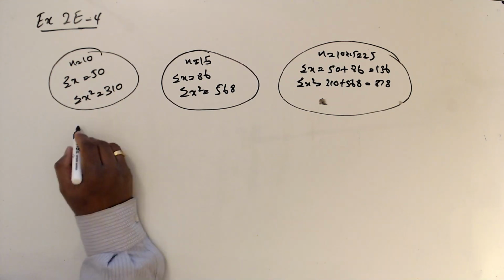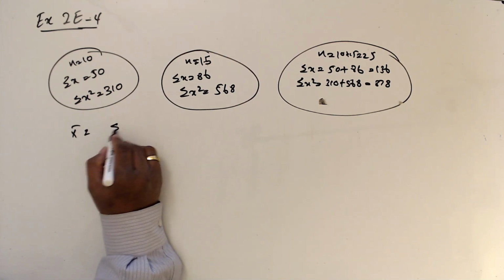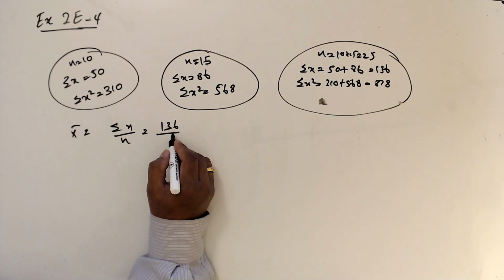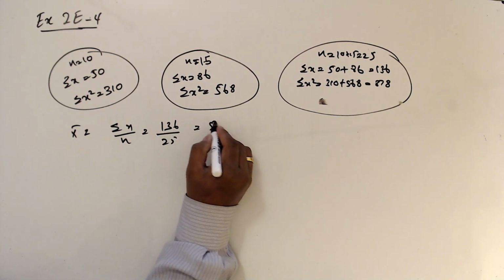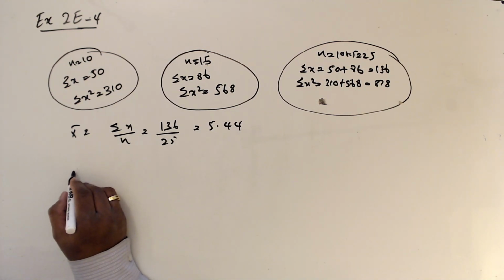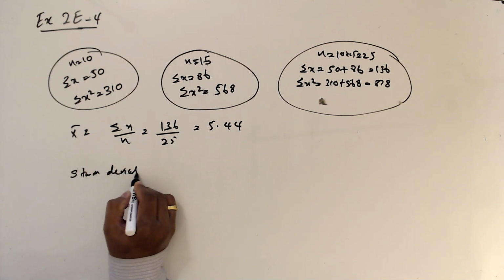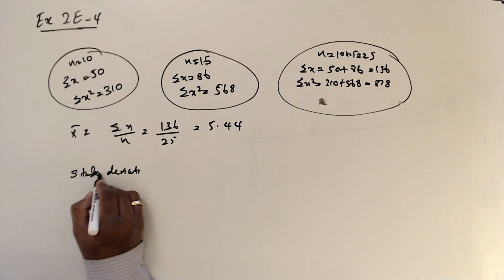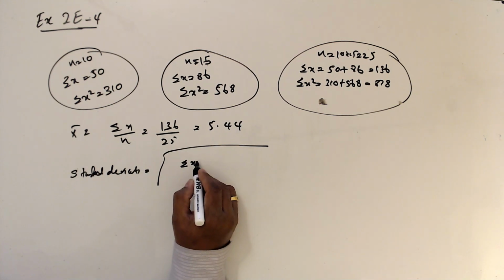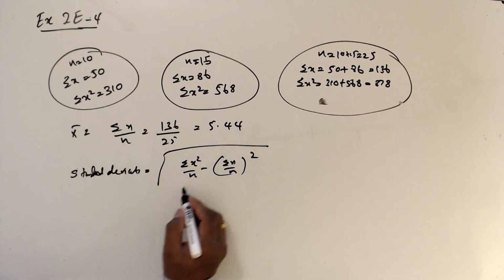So mean x bar equal summation x over n, that is 136 over 25, 5.44 approximately, and standard deviation is the square root of summation x square over n minus summation x over n square.